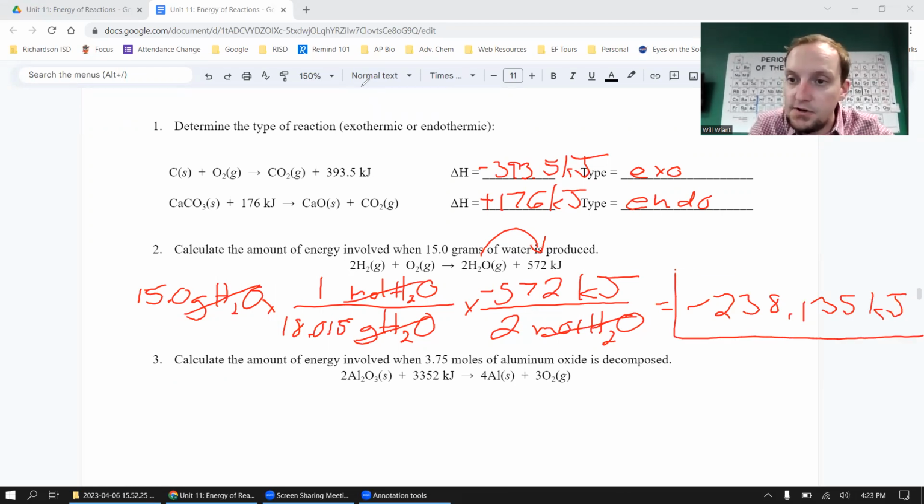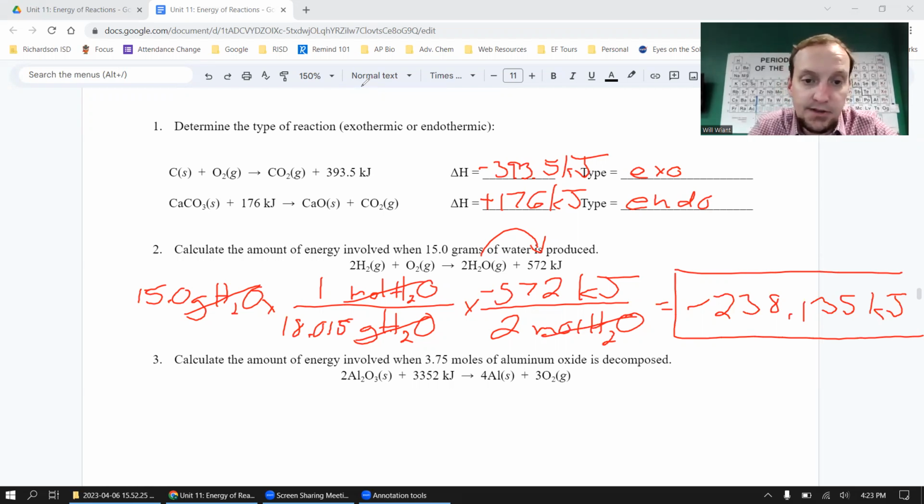And there's my answer for the amount of energy needed to produce 15 grams of water, according to the equation above, okay? So this is just a little bit harder in that we had to go from grams into moles, like we've done countless times, and then from moles into kilojoules, like we just learned on the page just above.